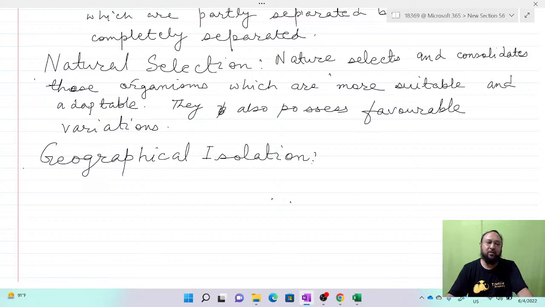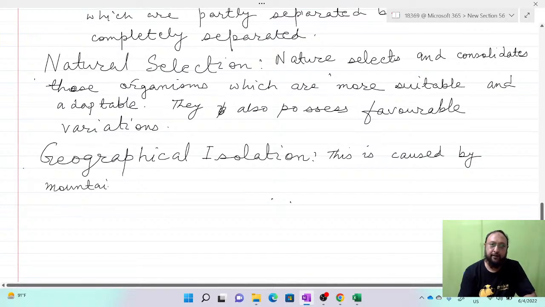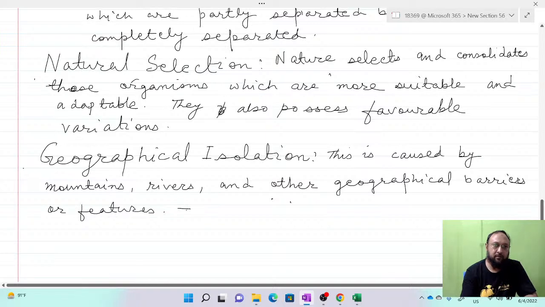This is caused by mountains, rivers, and other geographical features or barriers.